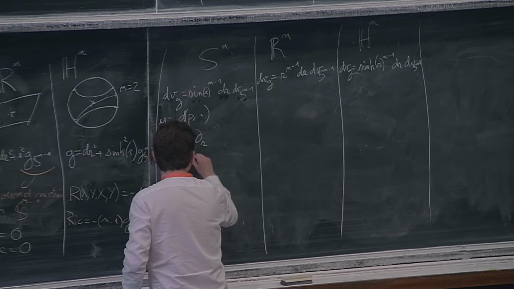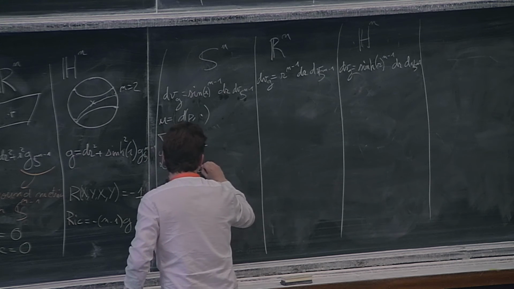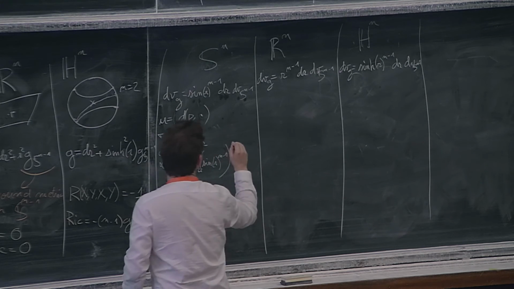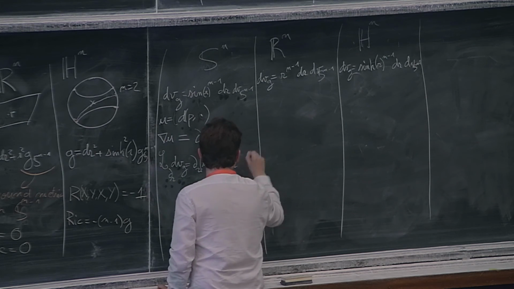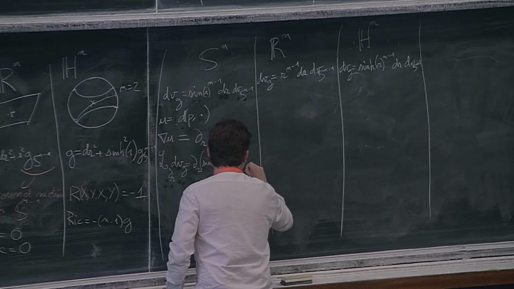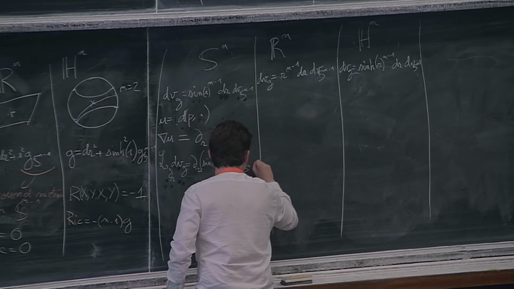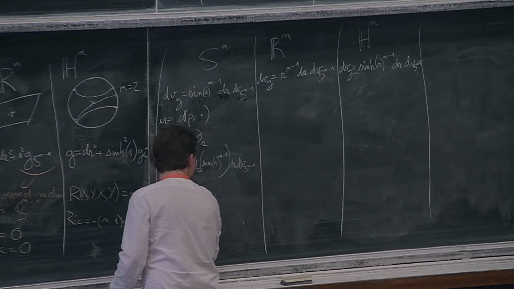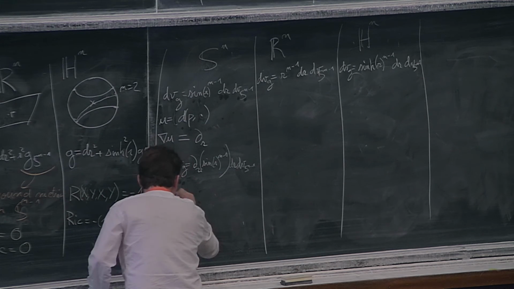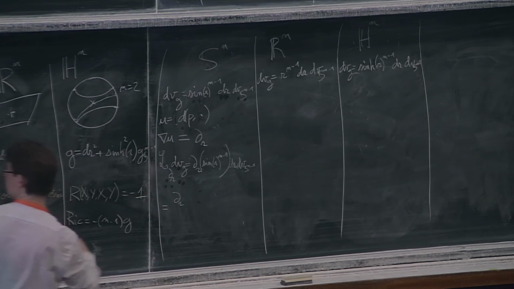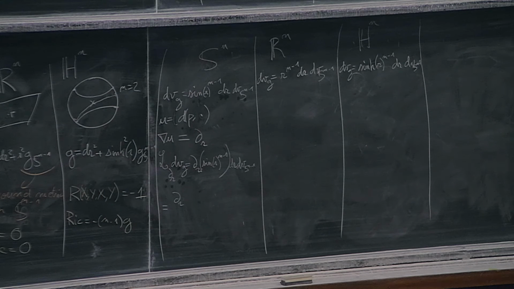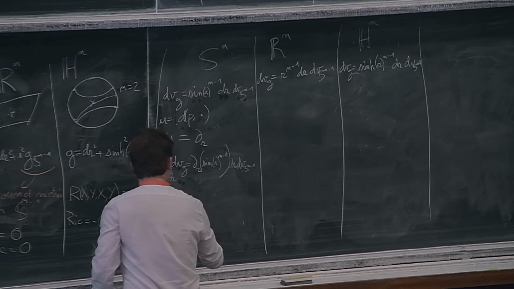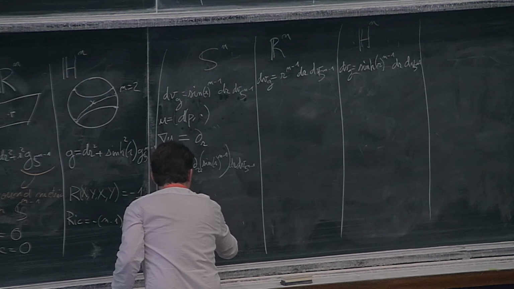So this will be ∂_r of sin(r)^(n-1), and then dr dV_{S^(n-1)}. Okay? Then I want to write it as some function times my volume element, which I wrote here. So this will be ∂_r of that factor.